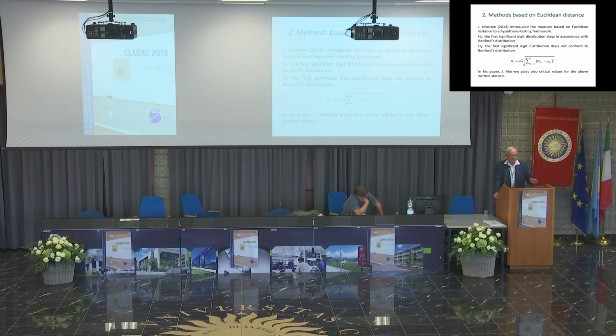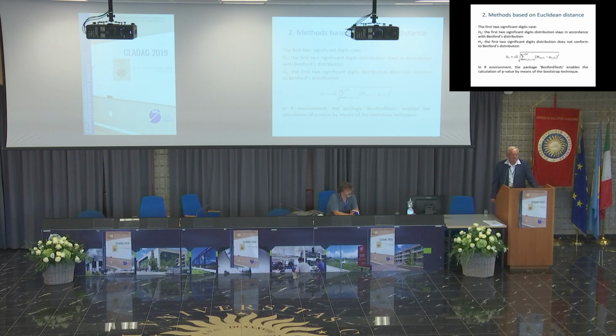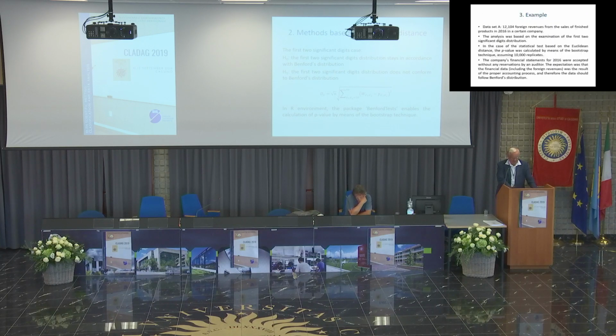The statistic is as follows, and in his paper, Morrow also gives critical values for this statistic. In case of two significant digits, the statistic is as follows, and in our environment we are able to calculate the p-value by means of the bootstrap technique.